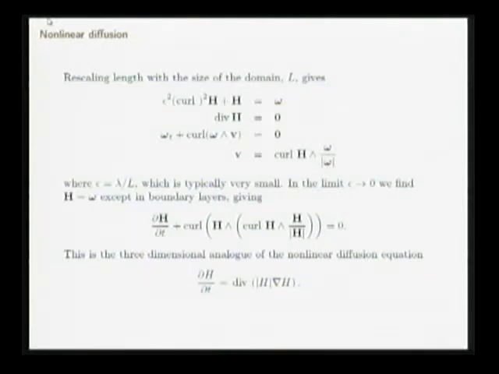It's a curl of H cross curl of H cross. So it's hard to see what sort of equation that is. But if you remember, in two dimensions, this reduces down to this nonlinear diffusion equation. So I think it's some vectorial version of this nonlinear diffusion.